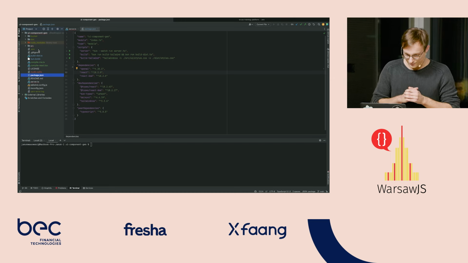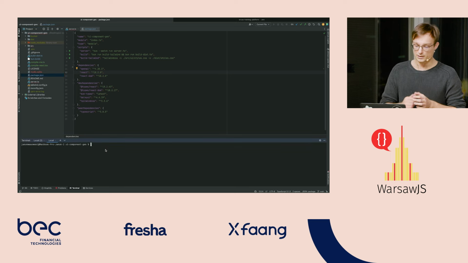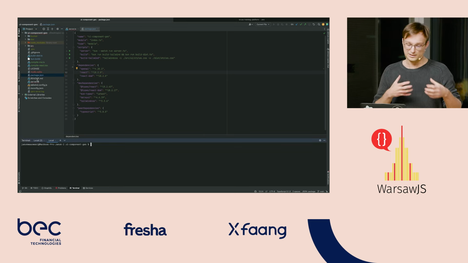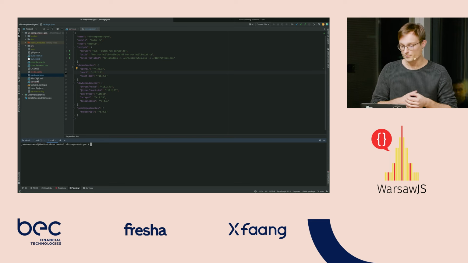So yeah, first things first. We have our package.json initialized, and TypeScript is here out of the box. As you can see, nothing is changed between a typical Node project.